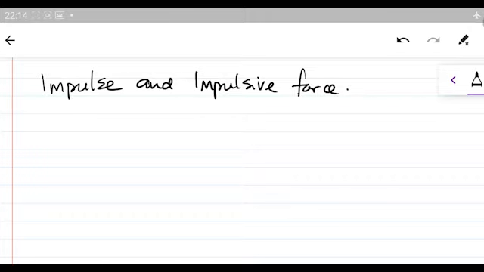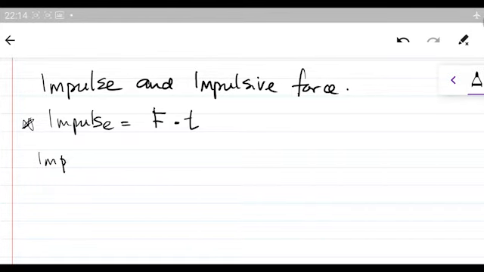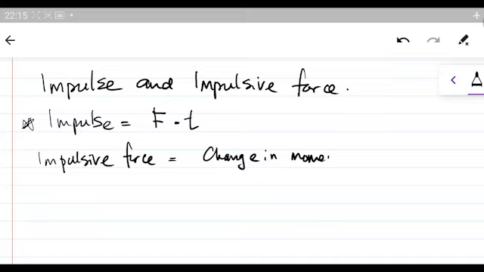So impulse equals impulsive force multiplied by t, time of impact, whereby impulsive force by definition is change in momentum over time.